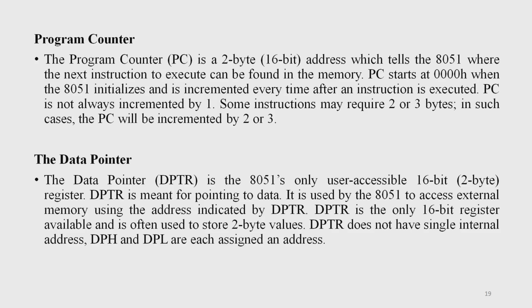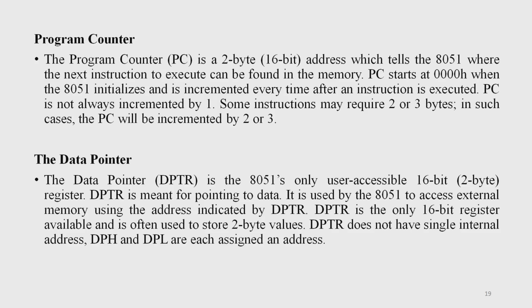And the data pointer DPTR is the 8051 special register, which is user accessible, and it is a 16-bit register. It is meant for pointing the data. It is used by the 8051 to access external memory using the address indicated by the data pointer.